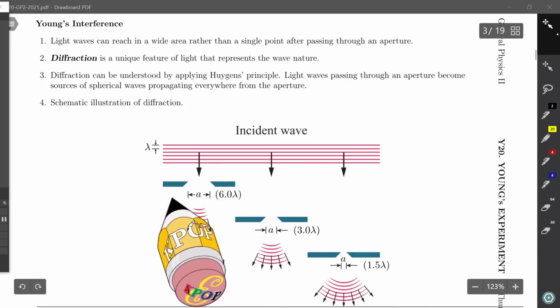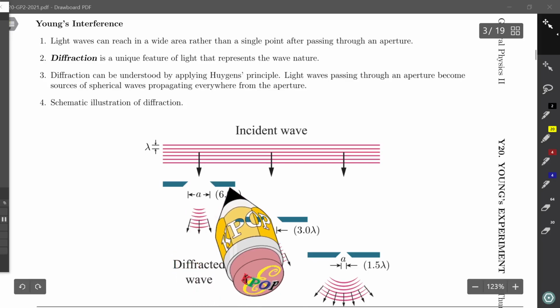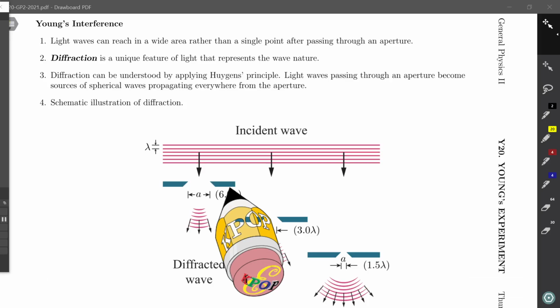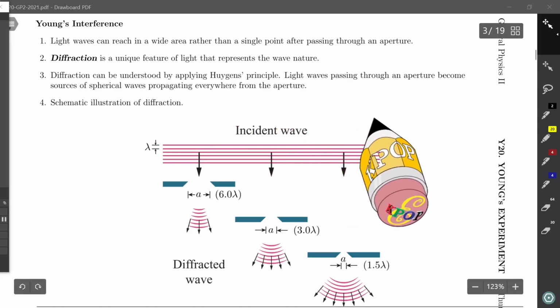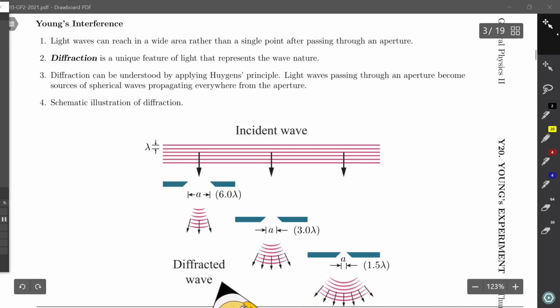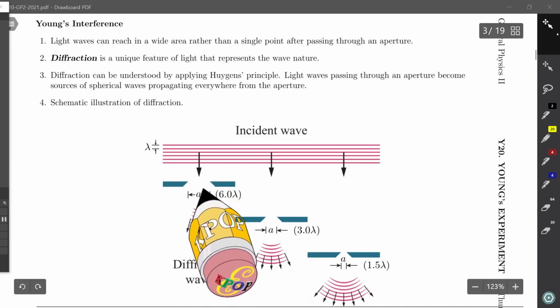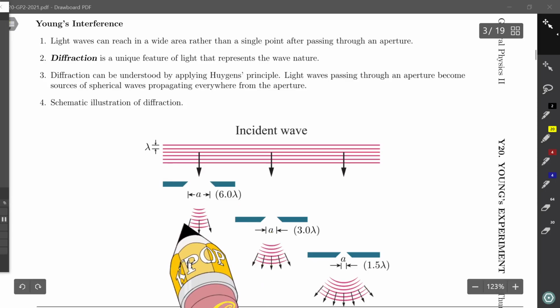So, to distinguish whether something that is moving is a wave or a particle, we identify whether it diffracts or not. The computation of diffraction is straightforward if we apply Huygens' principle. Further, if the size of the hole shrinks, the magnitude of diffraction increases.